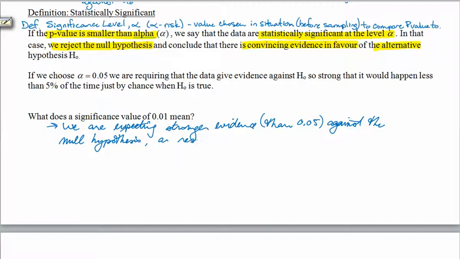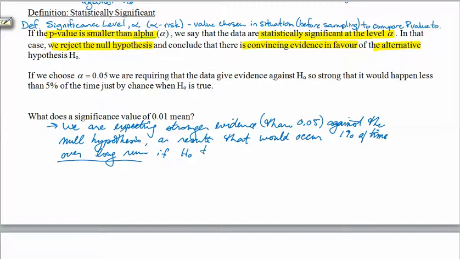A result that would occur just 1% of the time over the long run. There's that term again, over the long run, if H0, the null hypothesis, was true.